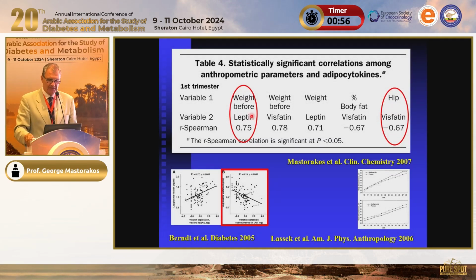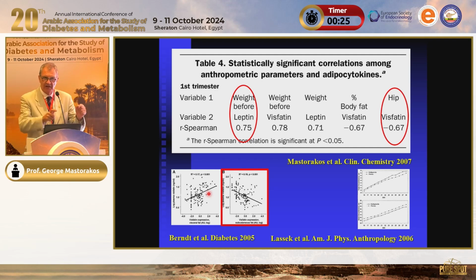And so you can see that, interestingly enough, visfatin in the mother is negatively associated with the hip adipose tissue, definitely and obviously because the hip adipose tissue is not the negative one, but on the contrary, visfatin is associated with the visceral adipose tissue. The more visceral adipose tissue you have, the more inflammatory you are, the more insulin resistance you produce, the more hyperinsulinemia you produce.